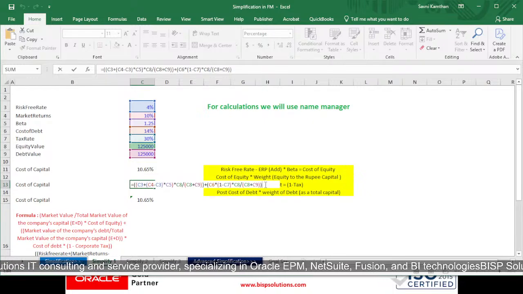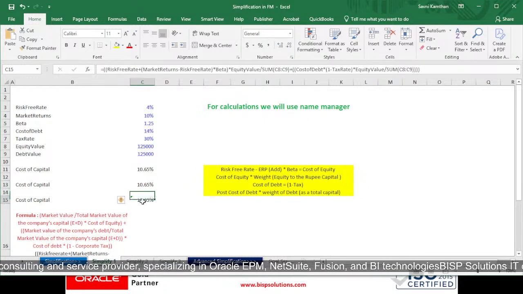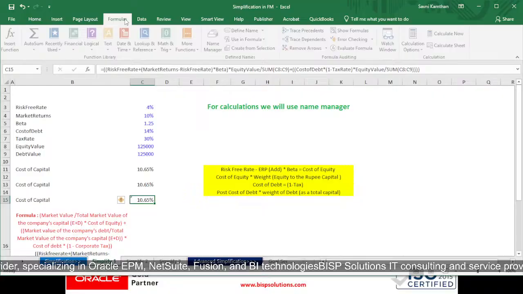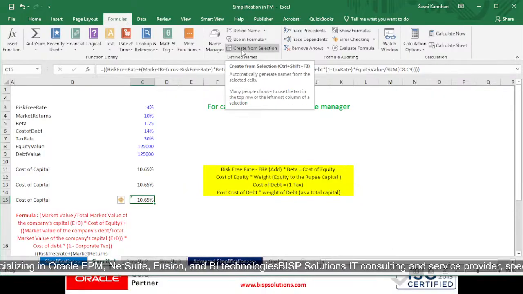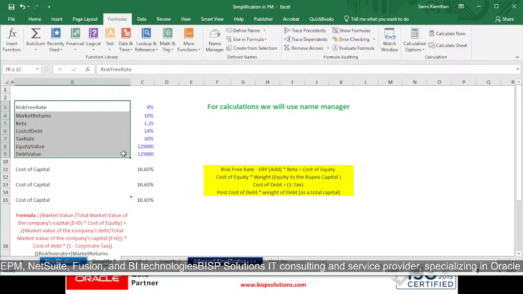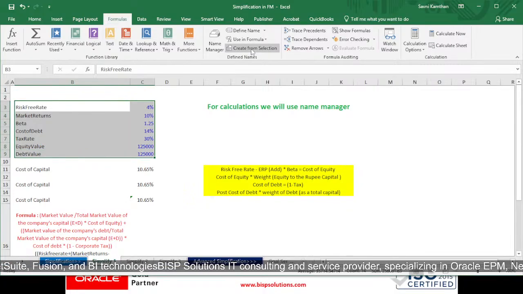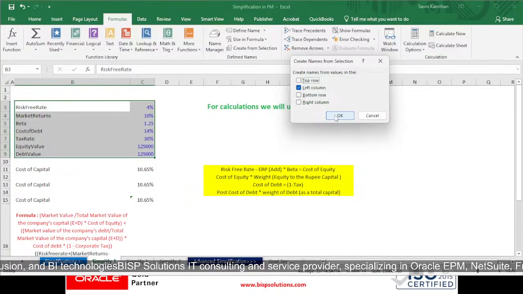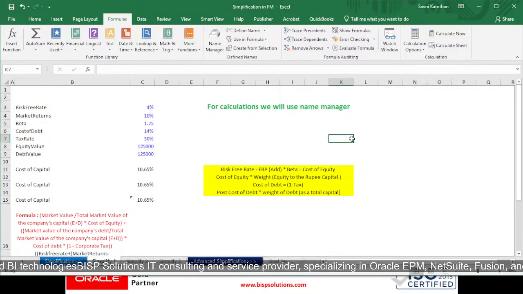Like that we can do cell referencing. Apart from that, we can also use name manager. Name manager comes under formulas, and under formulas we get create from selection. First we have to select the data over here and select this option.